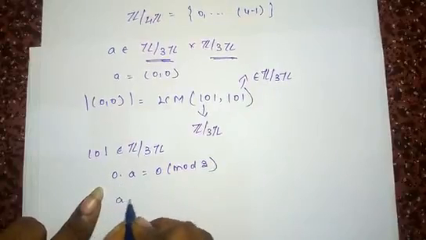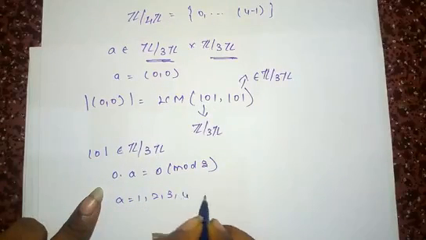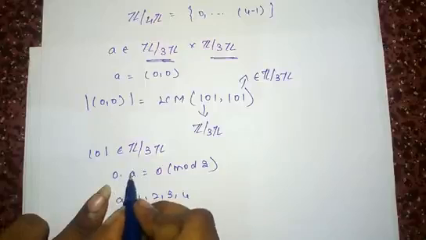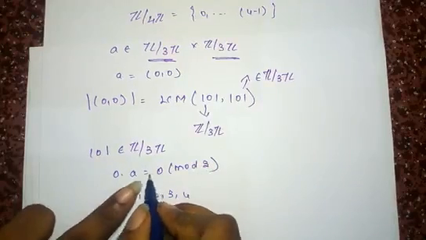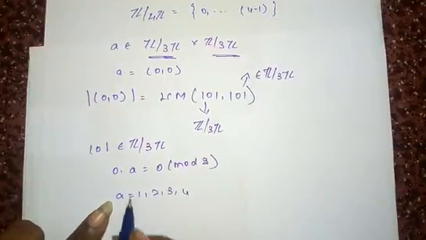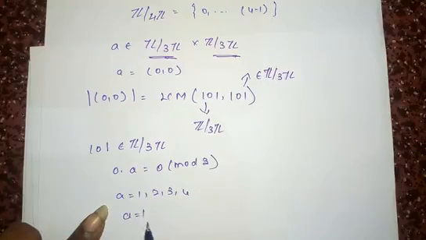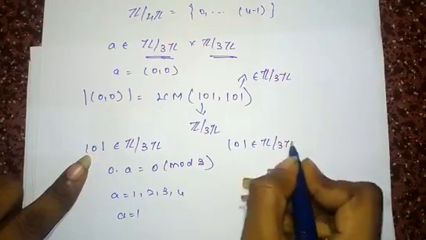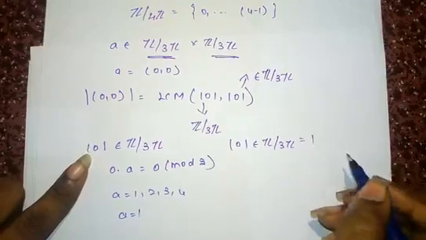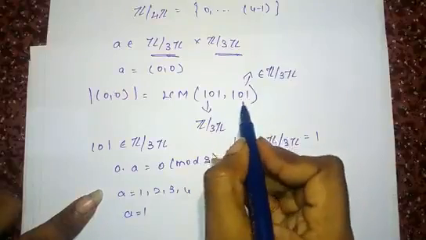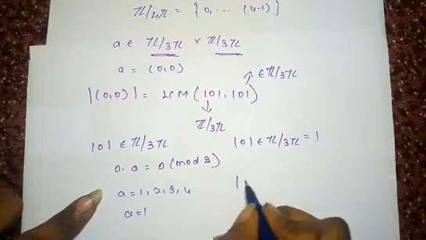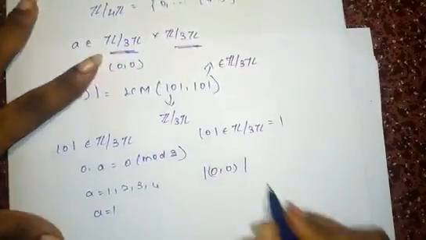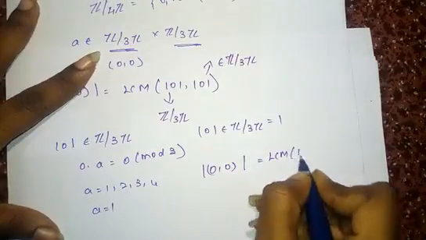So A can be 1, 2, 3, 4, whatever I want, because anything into 0 is 0, and when I divide this 0 by 3, I get the remainder 0. But I'll take the smallest one, A to be 1. So the order of 0 in Z modulo 3Z is equal to 1. Similarly, the order of 0 in the second Z modulo 3Z is 1. So the order of 0 comma 0 in Z modulo 3Z cross Z modulo 3Z is equal to LCM of 1 comma 1.